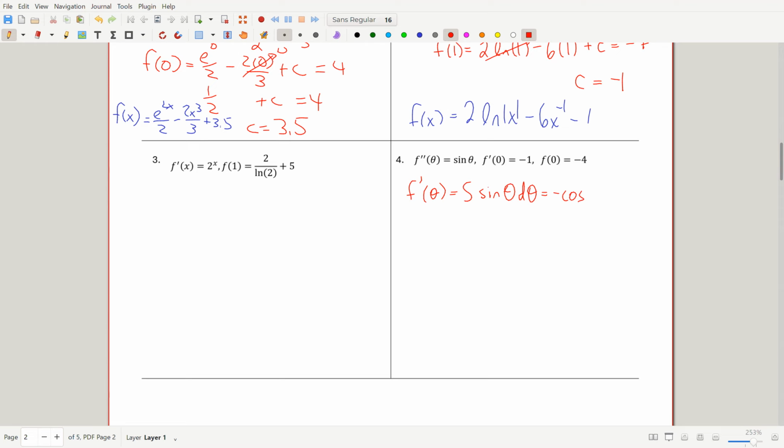So it's negative cosine theta plus c. And since we know that f prime of 0 is negative 1, that means negative cosine of 0 plus c has to equal negative 1. And what's the cosine of 0?